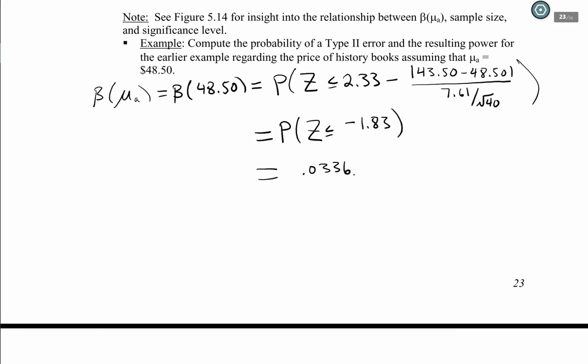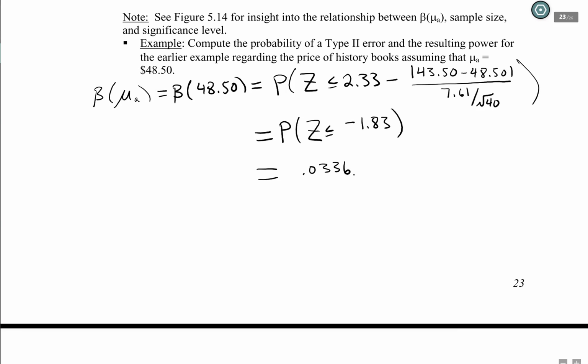If the true value of mu was 48.5 and you were doing that same hypothesis test that we had before, testing mu bigger than 43.5, the chance of you not rejecting that false null hypothesis for a sample of size 40 is just a little bit over 3%. So pretty small chance of you making a type 2 error.